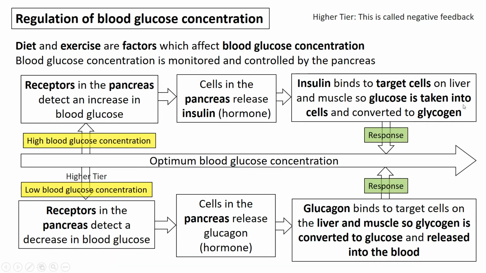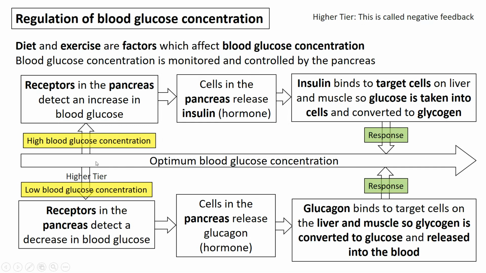So you came across glycogen in B4, where you heard it was a storage molecule, and so it's always a store of glucose for when your body needs it. Because the glucose has been taken out of the blood and stored in the liver and muscle cells as glycogen, the blood glucose concentration has now lowered. So your response has been to lower the blood glucose concentration and you're back to the normal levels.